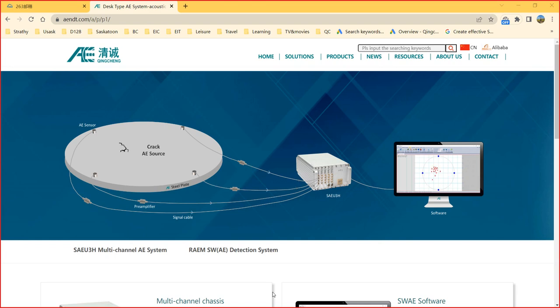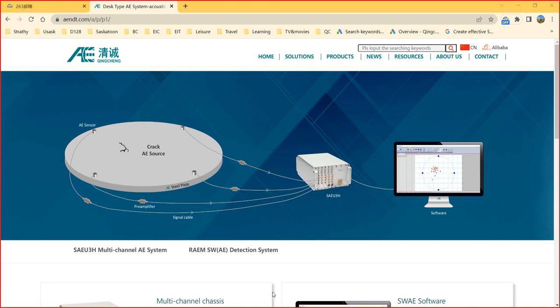For your case, it will be one AE board that is 4-channel. That one has to connect to the computer, and we have the acoustic emission software and analysis software to analyze the signal, and this is for display and data storage.